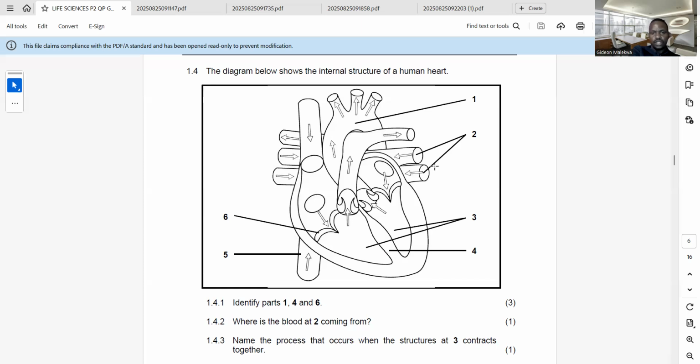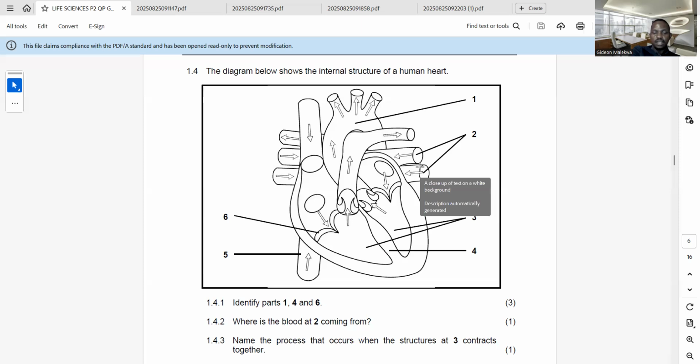Those 3 are pulmonary, either pulmonary vein or pulmonary artery. We have already mastered the concept that an artery carries blood away from the heart. The vein brings the blood from wherever it's coming from back to the heart. So 2 is a vein. And because it's one of these 3, it's the pulmonary vein.